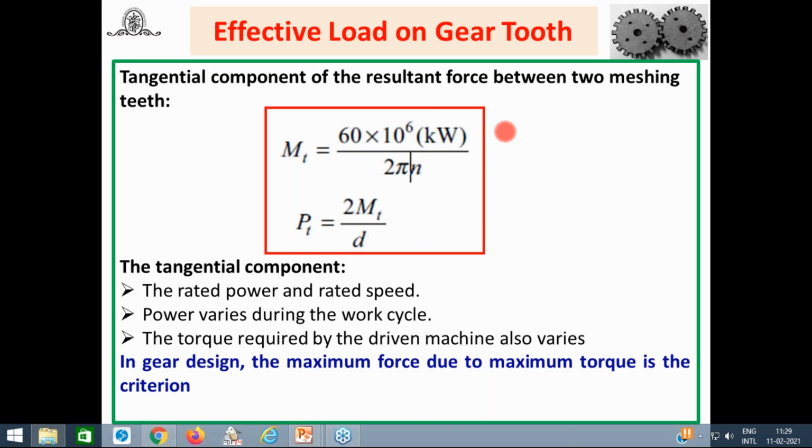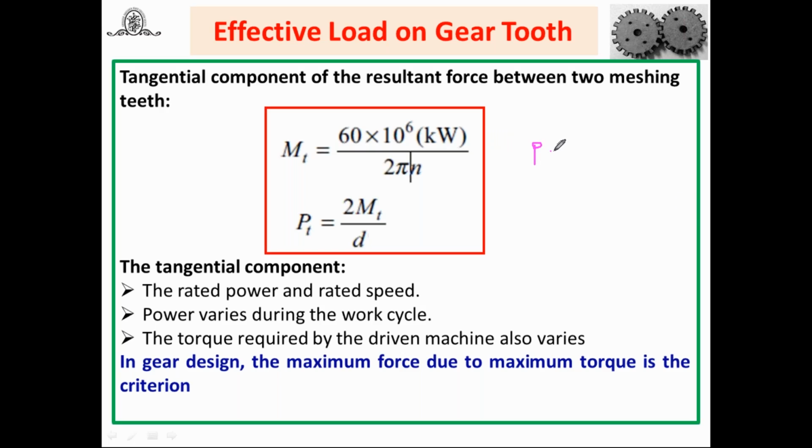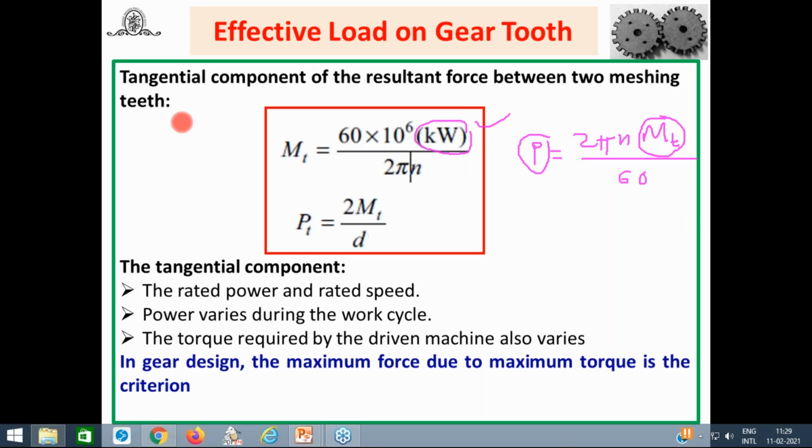So by using this simple basic equation, P is equal to 2 into pi into n into MT upon 60, where MT is the torque, P is the power, and we are multiplying by 10 raised to 6 because we are taking power in kilowatt. By using this equation, you can calculate the torque first.